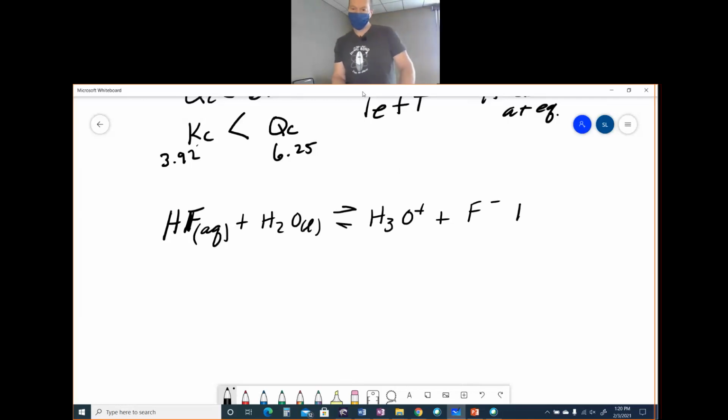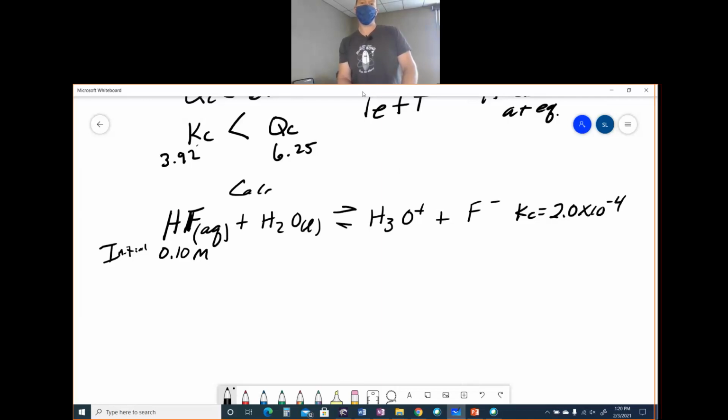And the Kc value for this is 2.0 times 10 to the minus 4. Initial, we have a 0.10 molar HF. Calculate the equilibrium concentrations.